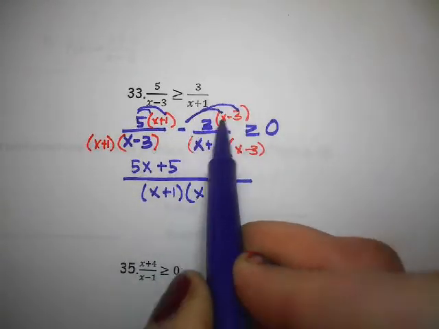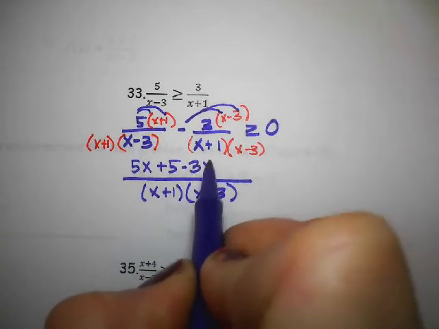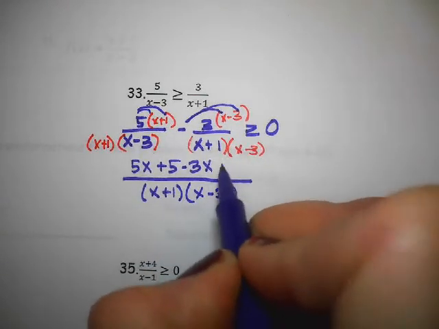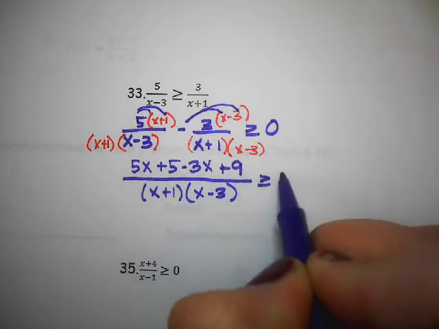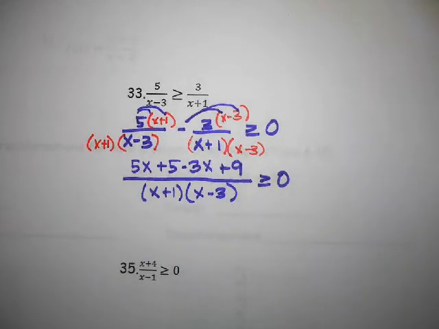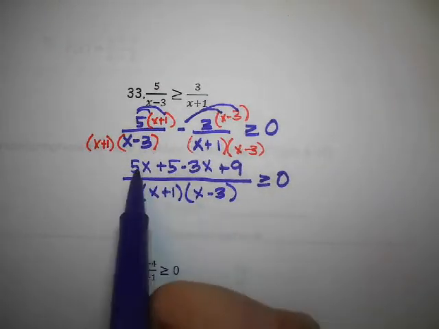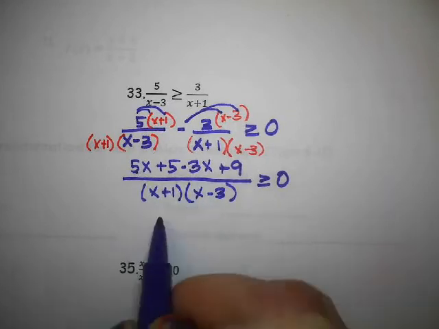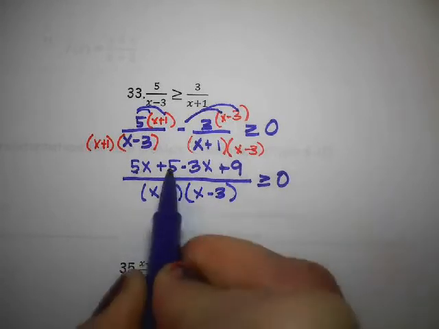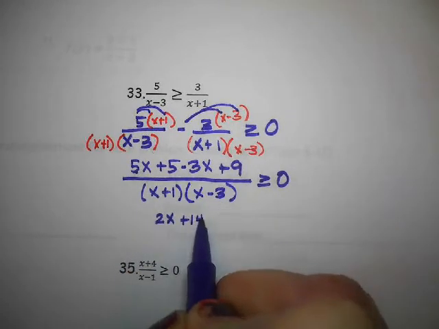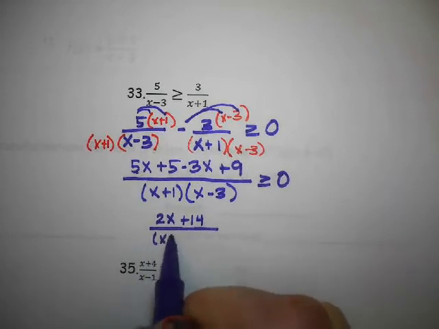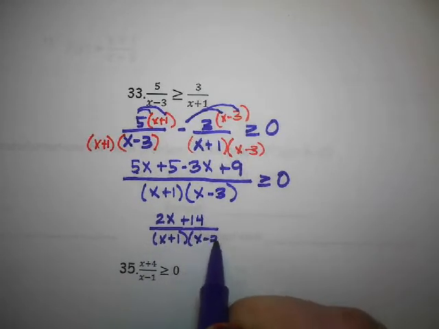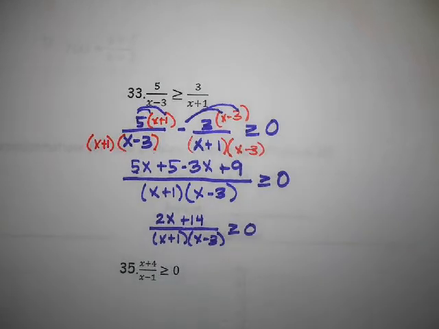So negative 3 times x is negative 3x. Negative 3 times negative 3 is plus 9, still greater than or equal to 0. I'm going to combine like terms here. Up top, 5x minus 3x is 2x, and 5 plus 9 is 14, over x plus 1, x minus 3, greater than or equal to 0.